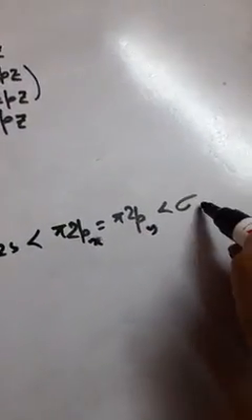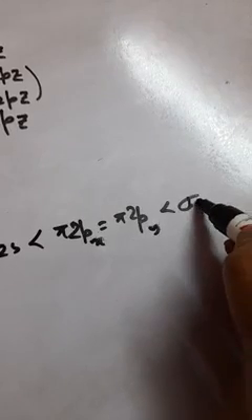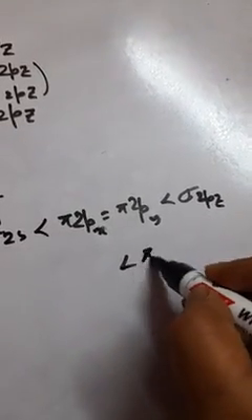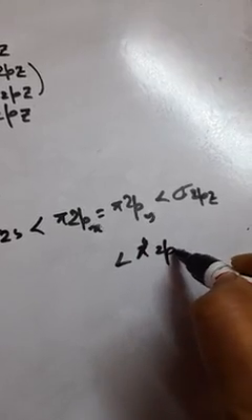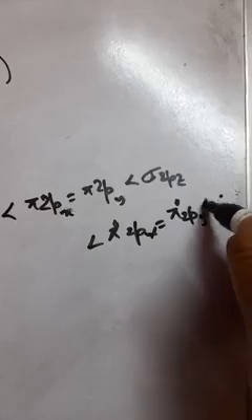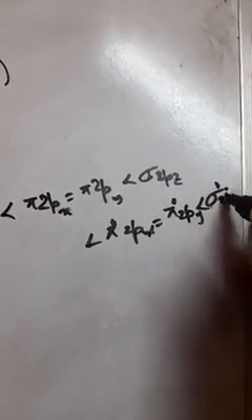After that again pi star 2px equal to pi star 2py, and then sigma star 2pz.